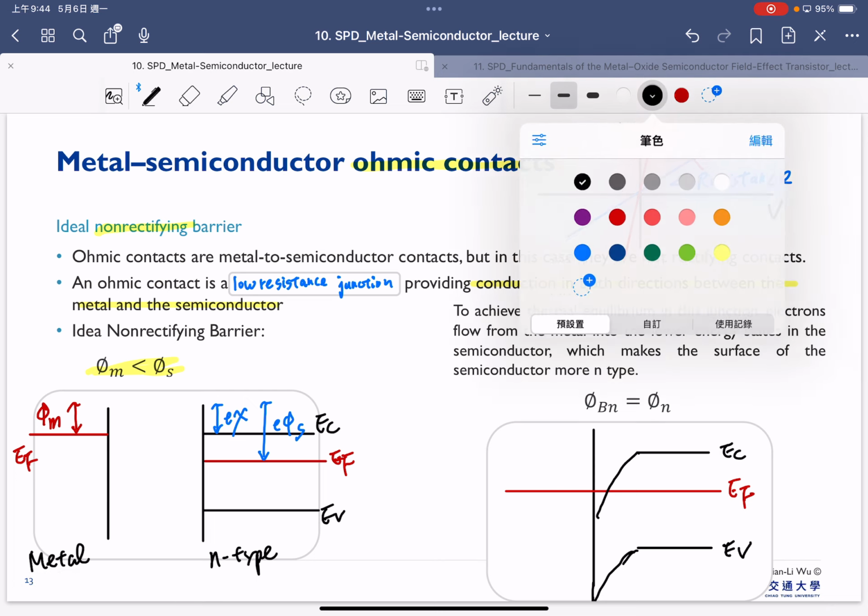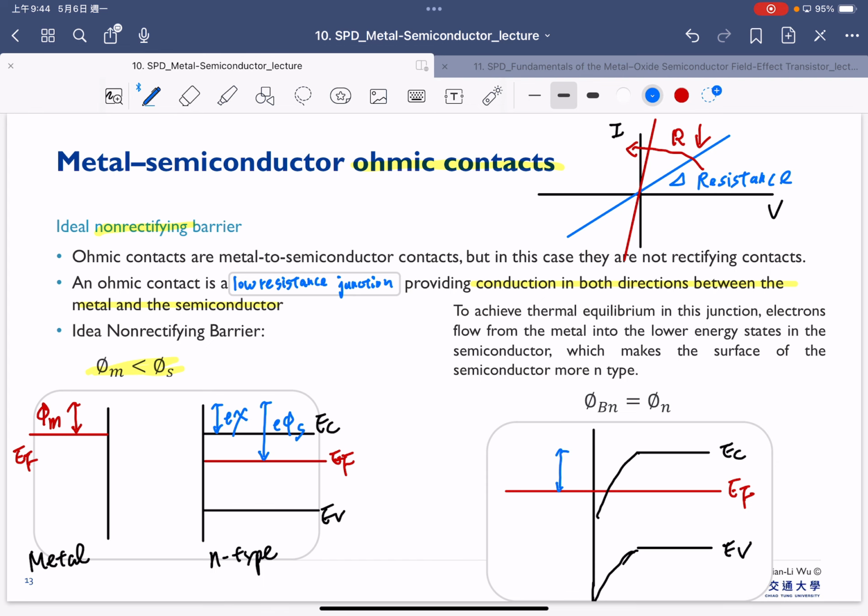And right now our phi m, this is our phi n, and this is our... so right now we have this one. So this is our Fermi energy, and this will be equal to our phi n.